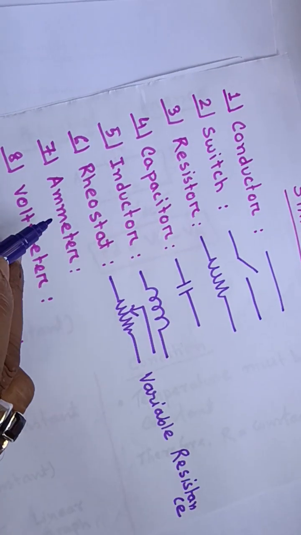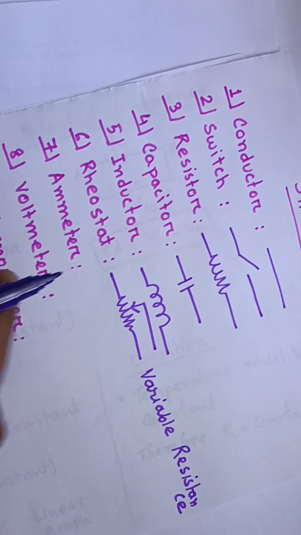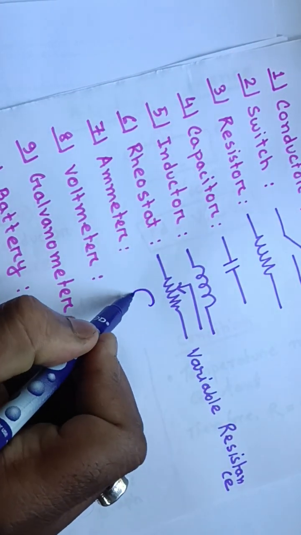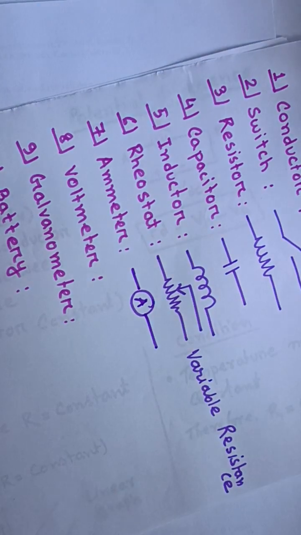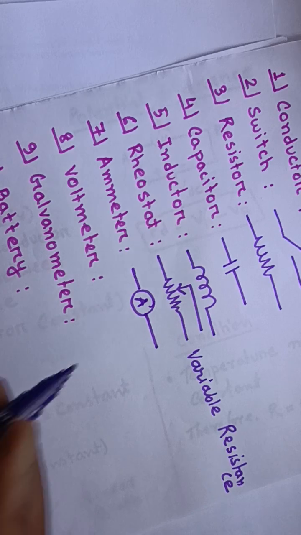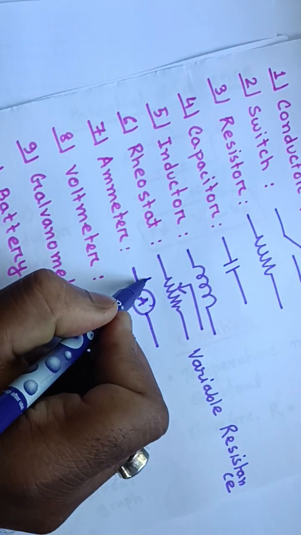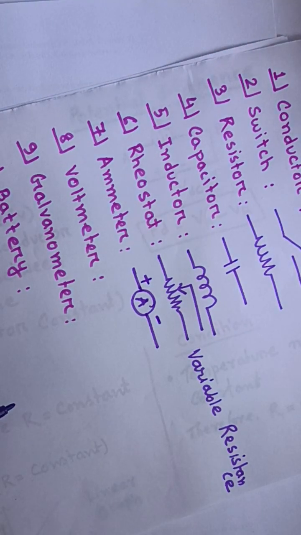Seventh one is the ammeter, right? How can we represent the ammeter? The symbol of the ammeter is like this. In the ammeter there will be two polarity terminals. One is the positive polarity terminal, the other is the negative polarity terminal.